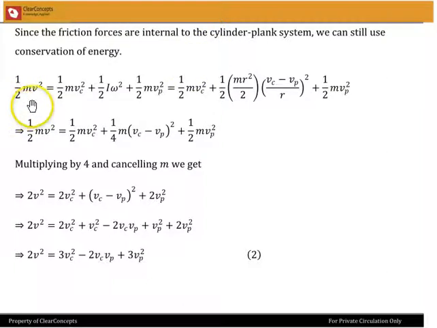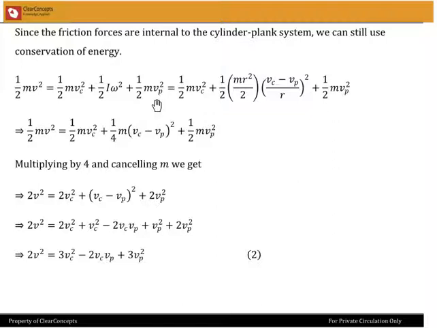There will be half mv squared, which is the energy at the base of the hill just of the cylinder. That must be transferred to the translational kinetic energy of the center of mass of the cylinder, half m Vc squared. But the cylinder is also rolling at that time, so rotational kinetic energy half I omega squared, plus the plank is also moving, so it has the kinetic energy half m Vp squared.